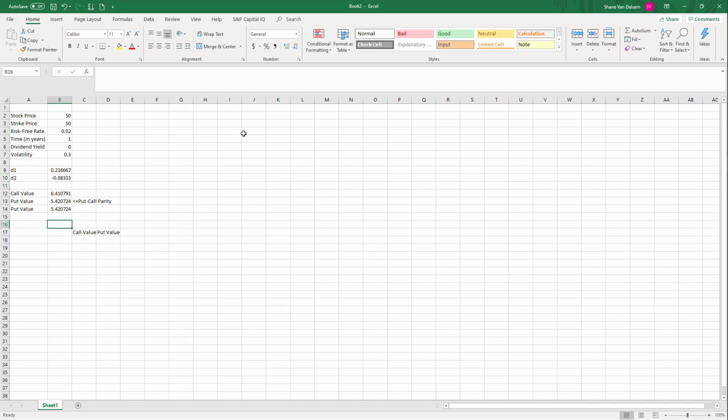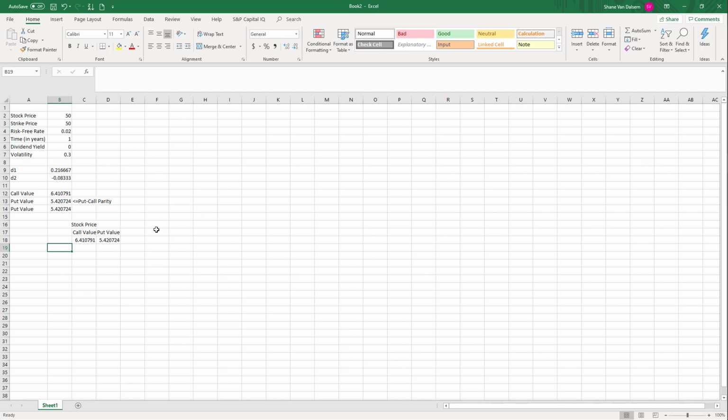My first one will be stock price. Here I'm going to make this equal to the call value. Just set it equal to that call value there. Put value, set this equal to either one of those put values. They will come out the same. Now I'm going to put in values for the stock price.